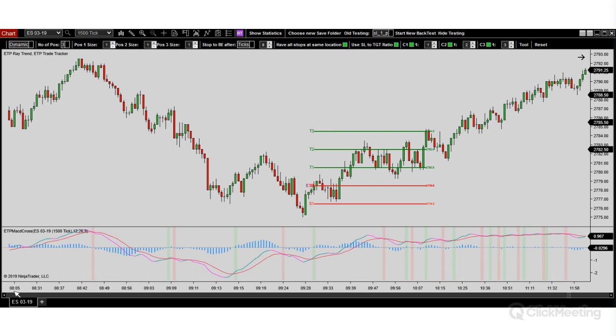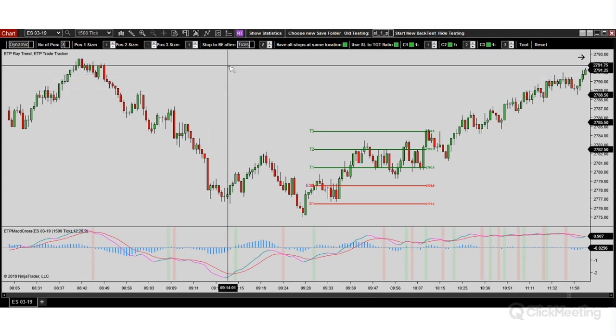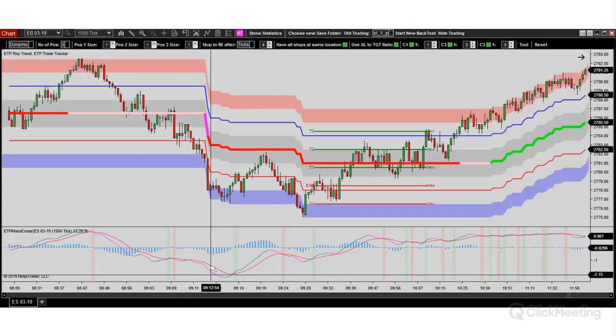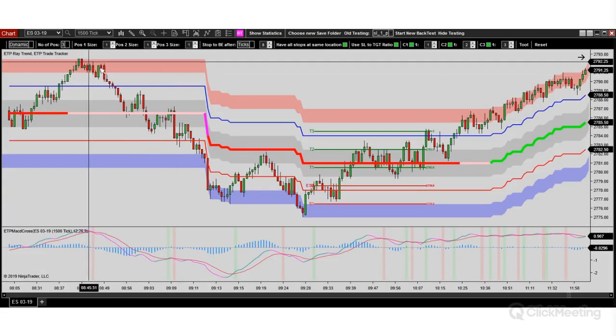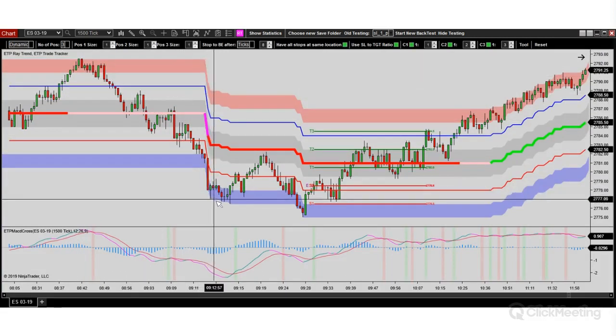Okay, so this is a counter trend system, right? Basically, we're going to trade counter trend. Now, what do we need for a counter trend system? First of all, for a perfect buy signal, we need the bottom band on the Ray Trend to be pushed down.